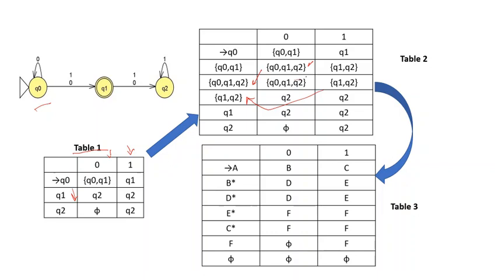We cannot use these long names for further processing, so we have to rename them as A, B, C. We can use any symbols here. I have used A, B, C, D, E, F. Another important thing is that in a DFA there is only one starting state, and there can be many final states. So we mark the states which are final, whichever include the final state Q1.